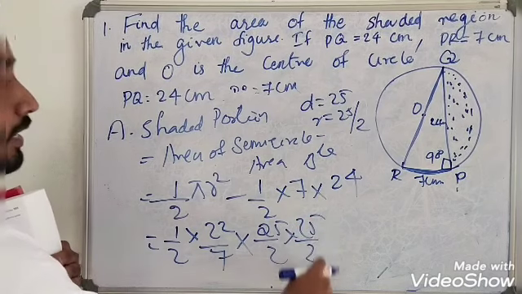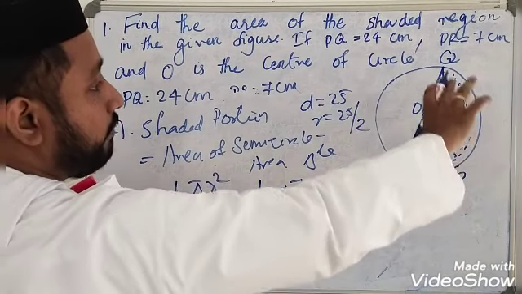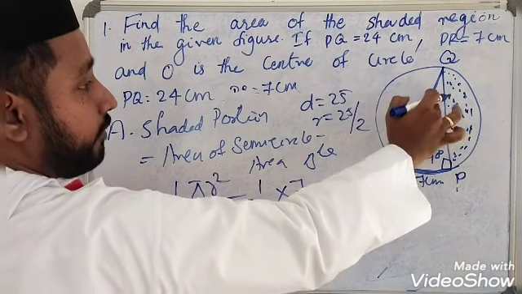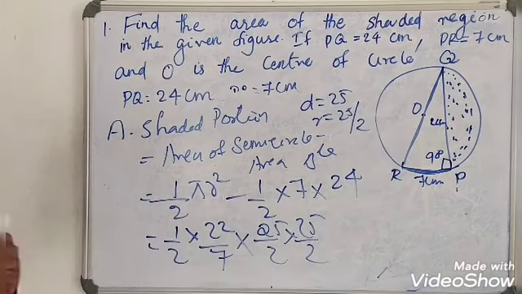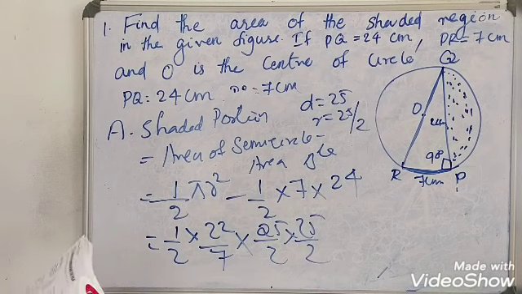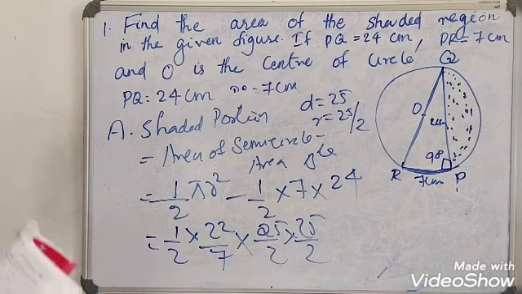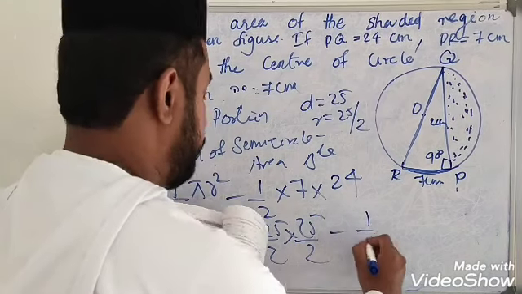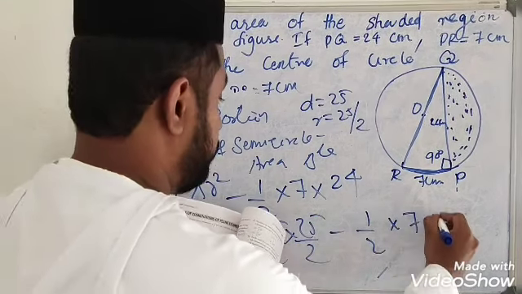That is the radius we got using Pythagoras theorem. We found QR, so that we got radius. Therefore half into 22 by 7 into 25 by 2 whole square, that is 25 by 2 into 25 by 2, minus half into 7 into 24.